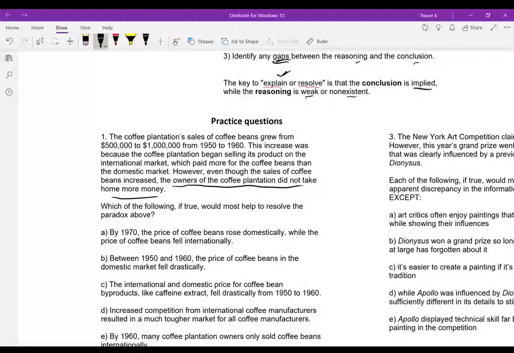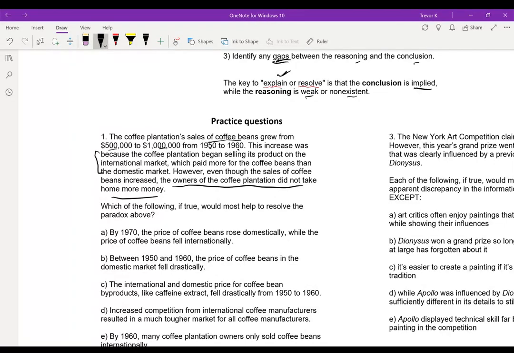Okay, where's our reasoning? Because the sales of coffee beans grew from 500,000 to 1 million from 1950 to 1960. And then the rest of this is just explaining why it increased. So we've got a huge gap here between the reasoning and conclusion, right?